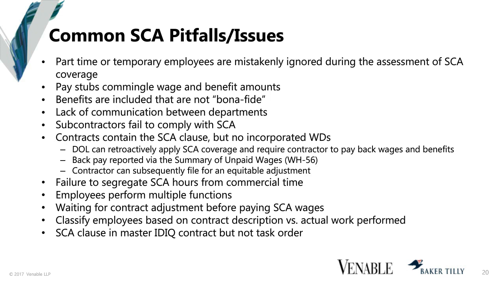Another issue that I see, and it always concerns me, is when contractors wait for an adjustment before paying the minimum wages. They're looking for the contracting officer to first put the money on the contract and pay the contractor, and then think that they will make their employees whole later.